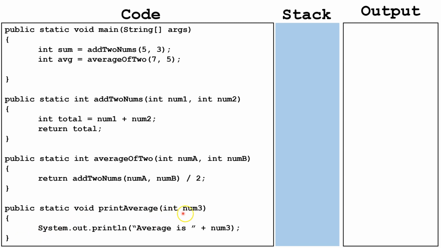We have one parameter num3, and it's going to print out the string "average is", and then concatenate that string with the value in the variable num3. Here we call the method printAverage and pass it the data inside the variable avg. Avg is not being passed, but the stack data inside avg is.